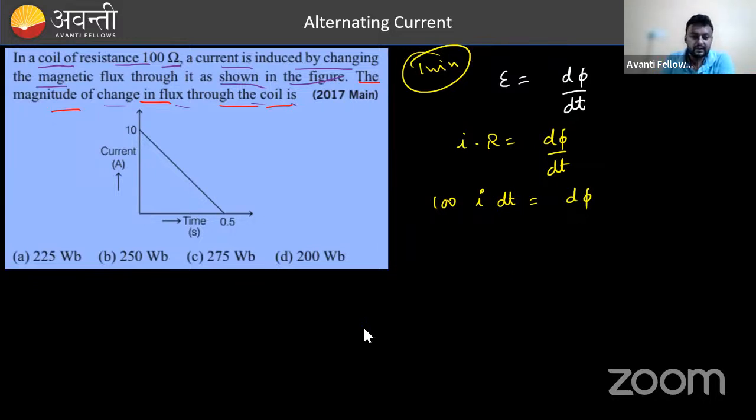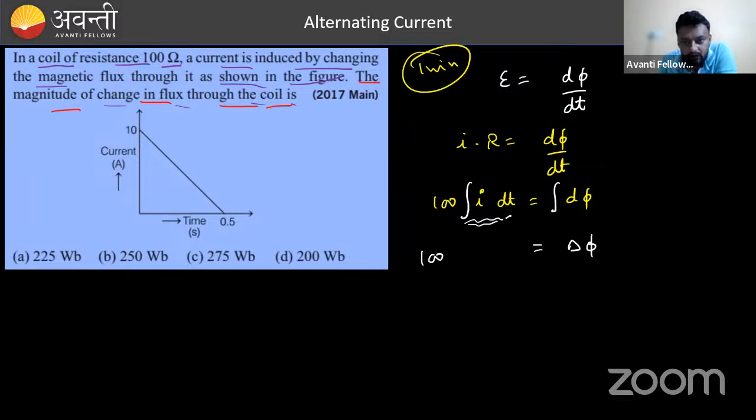Now, if you integrate this, this is the small change in flux. If you want to calculate the complete change in flux, you just need to integrate it. 100 is a constant, it can be taken out. So the integration of d phi will become the change in flux, delta phi, equal to 100 times integration of I dt. And what is this I dt?